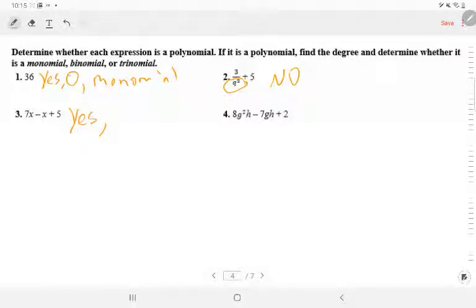It would be a degree of 1. And then is it a monomial, binomial, trinomial? Since it's a degree of 1, it is a binomial. Okay? All right. Number 4, is this a polynomial? Yes, it is a polynomial.